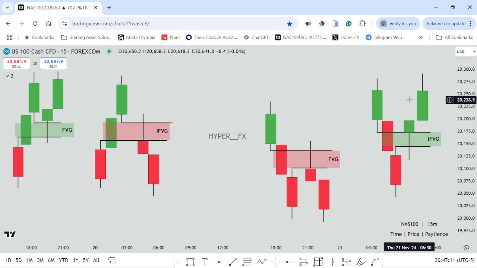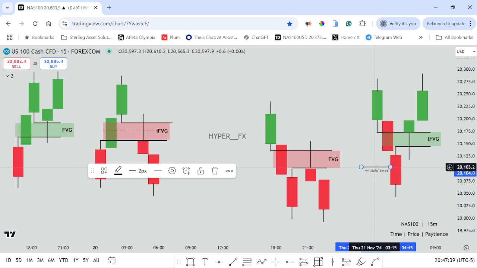So look at the bullish scenario for an inversion fair value gap, and this is my favorite because I like to see this on down days, on days that the market is trending down. All right, so what I usually do is I'll wait for a sweep of liquidity of a higher time frame.